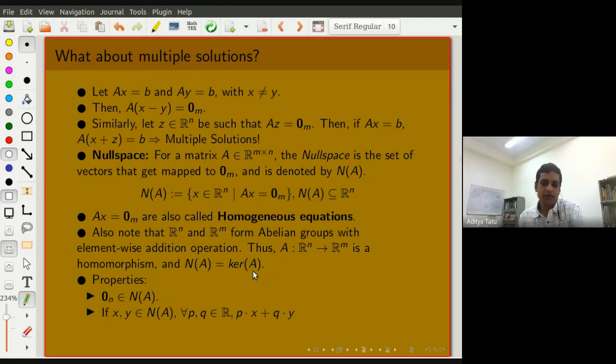How about linear combination of elements in the null space? This will also belong to the null space. Again, this second property sort of justifies the term or the phrase space associated with this particular set. You can extend in any direction if that direction is in that set. That is basically what it means.